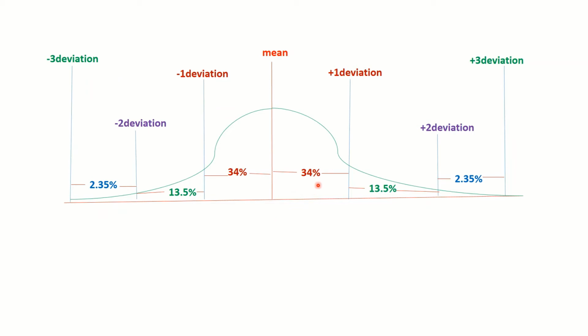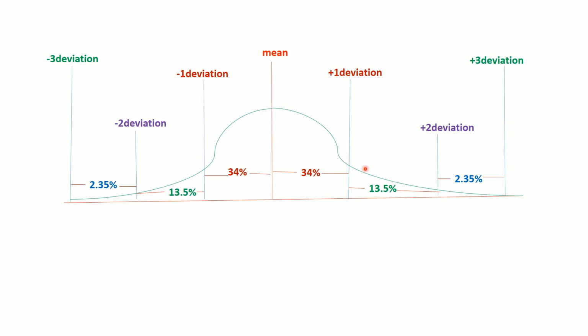The data in one standard deviation is to the right 34, to the left 34. One standard deviation means between -1 and +1 deviation, so the sum of the two will give you 68%, as we discussed in the slide above.